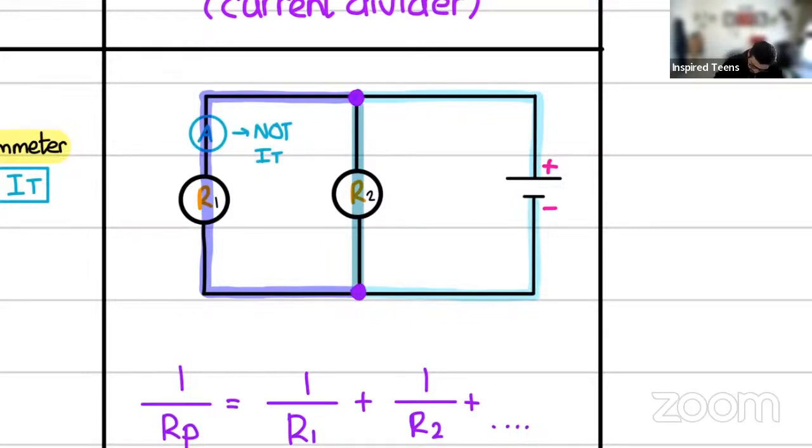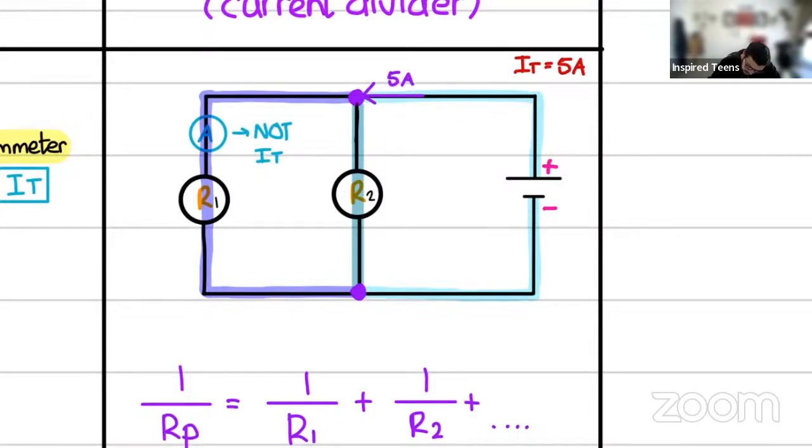And I'll give you an example in terms of numbers. Let's say that I total for this circuit is 5 amps. So actually what goes in here is a total of 5 amps. But then thereafter it splits.